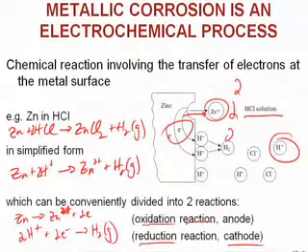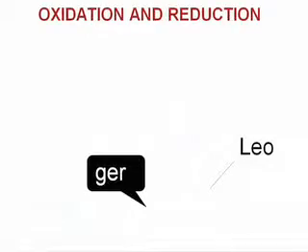So that's what's happening here. H+ from this HCl solution. The HCl goes to H+ and Cl-. 2H+ get together to form H2 and consume those electrons. So we have an oxidation reaction and a reduction reaction that are part of our overall corrosion cell reaction.